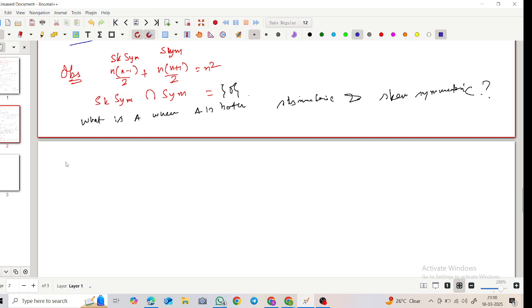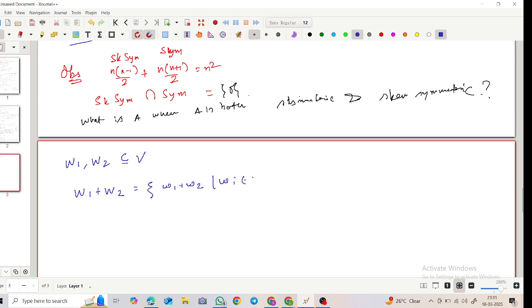Now suppose W1 and W2 are two subspaces of V. You know what W1 plus W2 is, right? It is the set of all vectors w1 plus w2 such that wi belongs to capital Wi. And this is a subspace of V, the smallest subspace containing both W1 and W2.